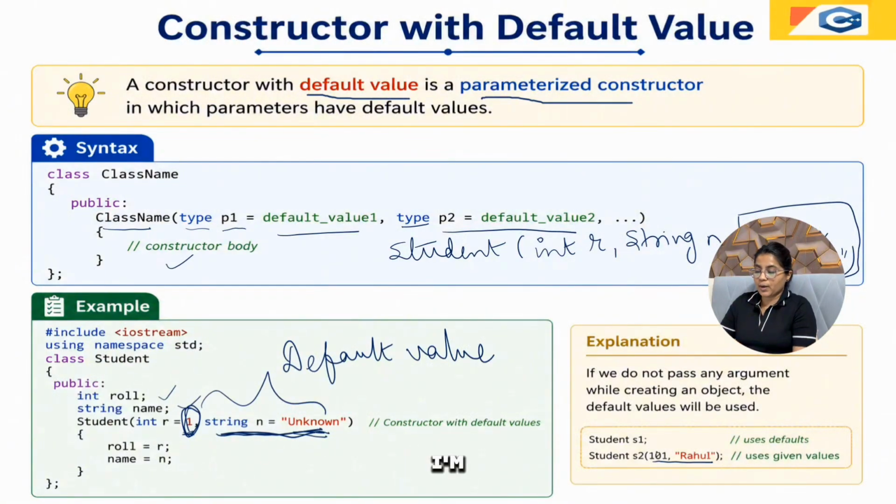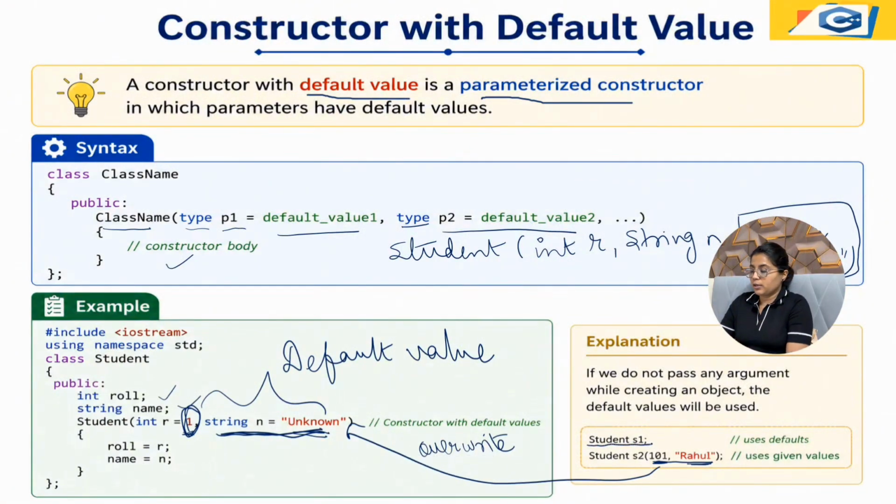So when I am passing the values 101 and Rahul, the new value will get displayed onto the output screen. It will overwrite the default values. When I am not passing any values, default values will get displayed onto the screen. Clear?